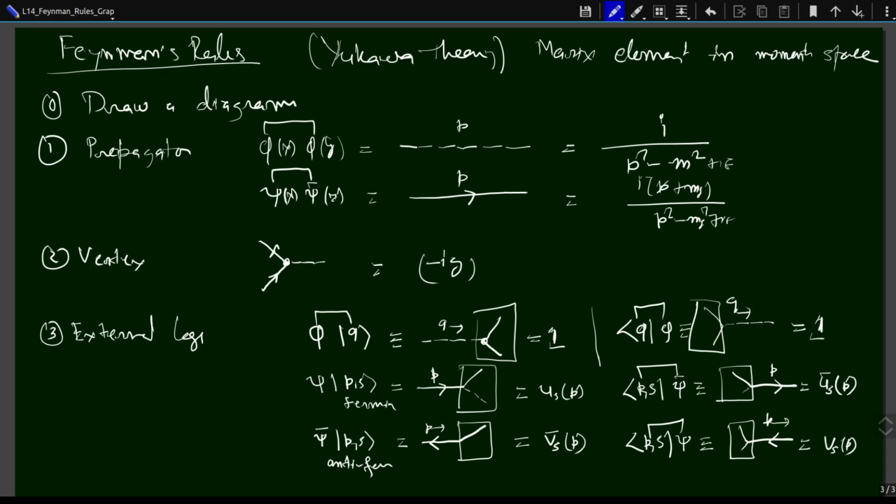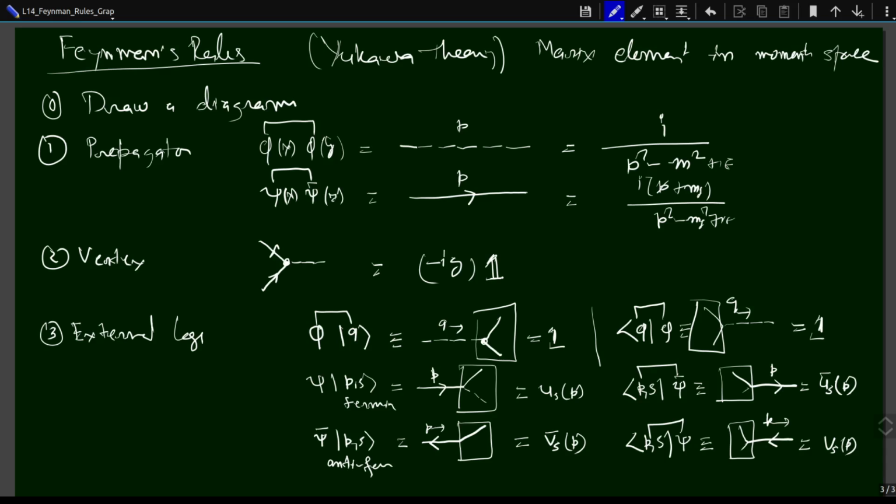Don't forget that maybe I should explicitly write that this particular model has an identity, and if we had a pseudoscalar coupling of the scalar with the fermion, this identity would have been gamma 5. That's my term in the Lagrangian.